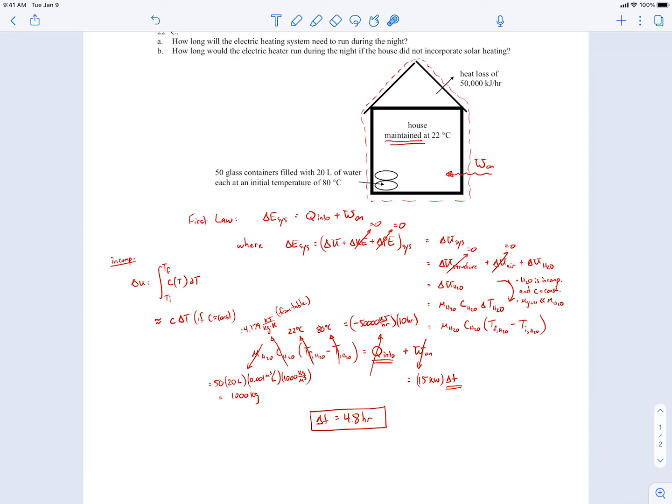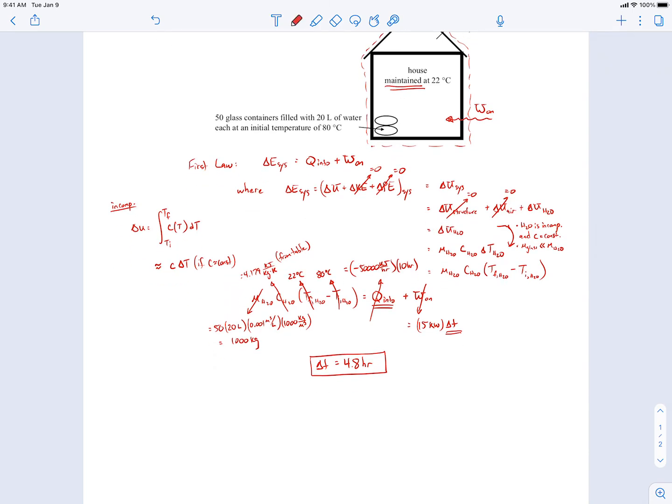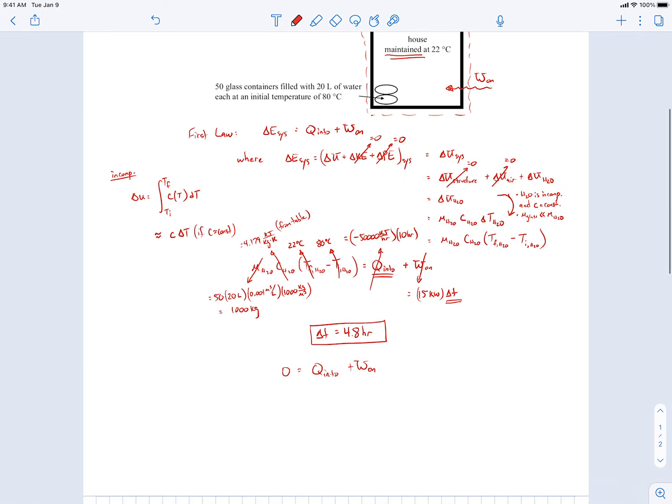So the whole left-hand side would be 0, and so in that case, you'd have 0 is equal to Q in plus work done on, and so you would end up having to do the following. You'd still have this for the work done on, and you'd still have this for the heat transfer, so then you could solve for the delta T in that case, and that comes out to be 9.3 hours.